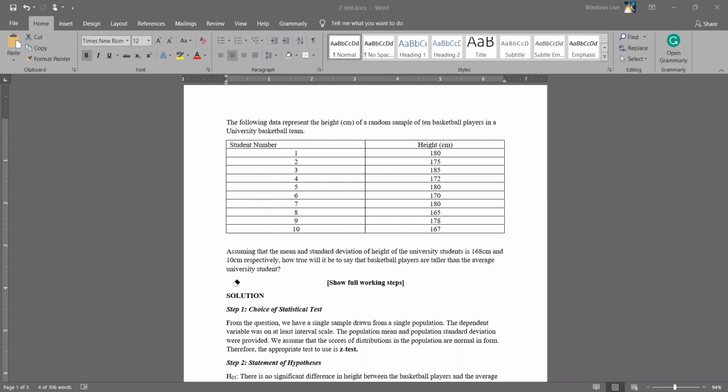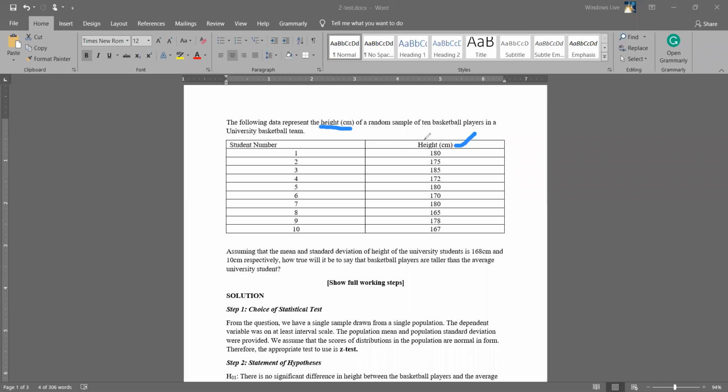We indicated that the dependent variable is something they are measuring in the question. So you ask yourself, what are they measuring? Within this question, they are measuring the height of the basketball players, so height is our dependent variable. Tune your mind back: when we were doing scales of measurement, we indicated that height or any physical science construct is measured on ratio, whereas psychological constructs are measured on interval.